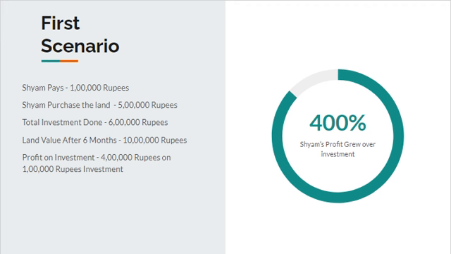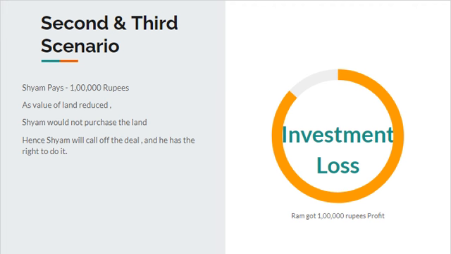Okay, the second and third scenarios are similar, but in the third there is a slight difference. In the second scenario, Shyam pays 1 lakh rupees. As the value of land reduced, Shyam would not purchase the land, and he will cancel the deal. And the seller cannot deny.